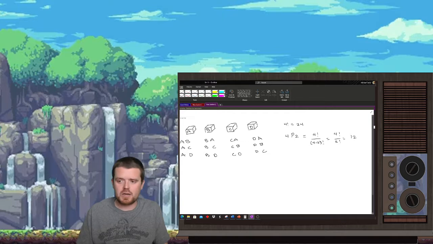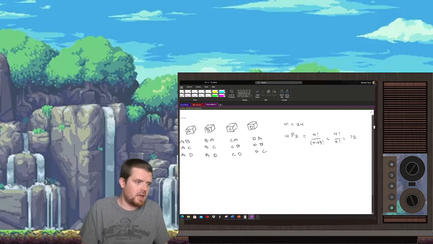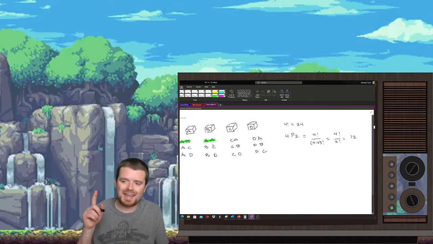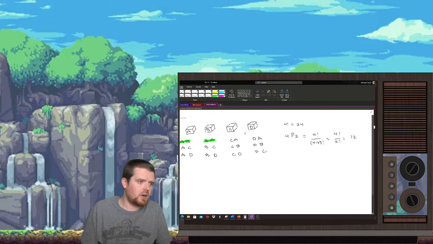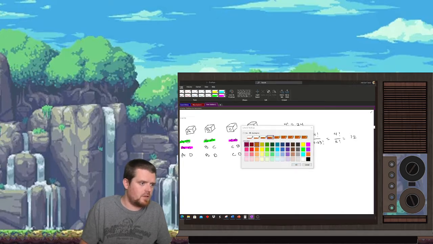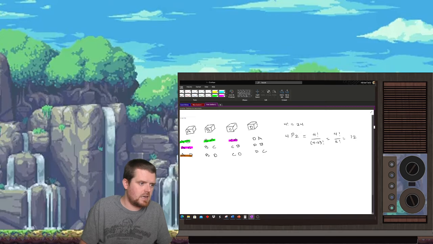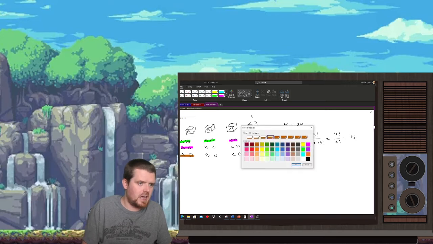With combinations, we don't care. Basically, we're saying that AB is the same group of letters as BA. So if we don't care about order, we're going to count that as 1. And we can go through here and find similar matches. AC is going to be the same as CA. AD is the same as DA.